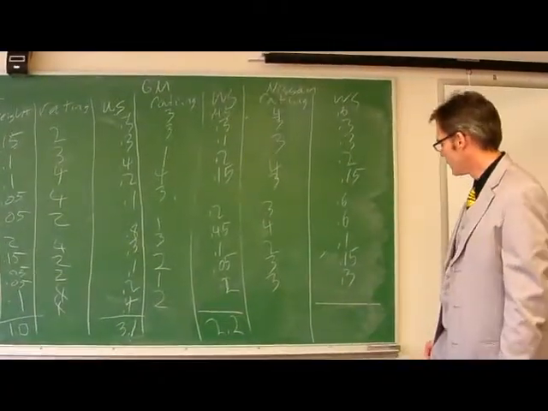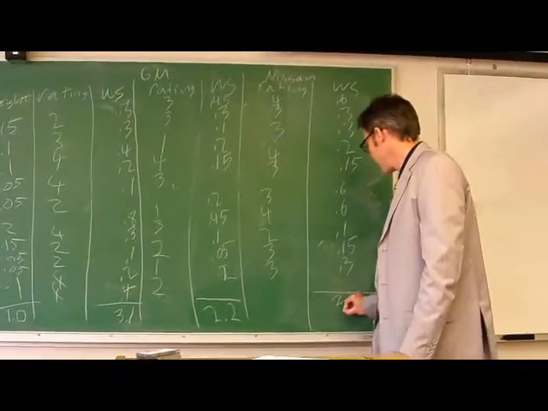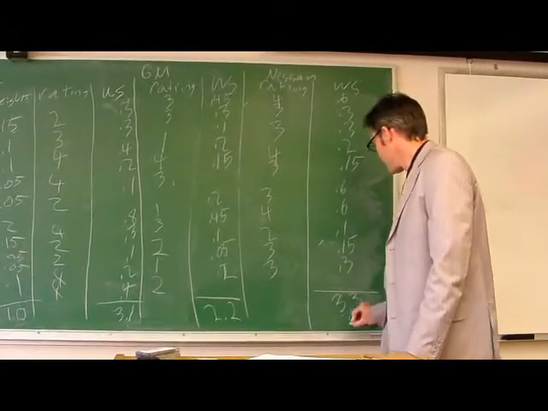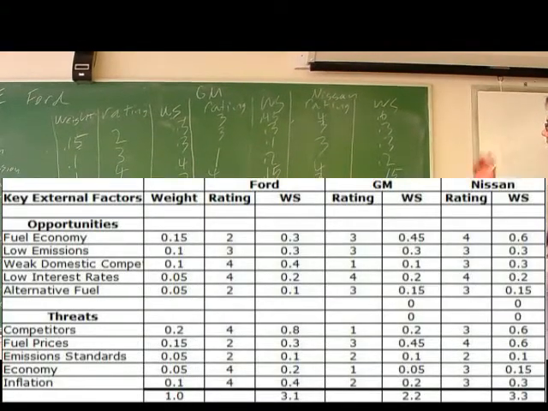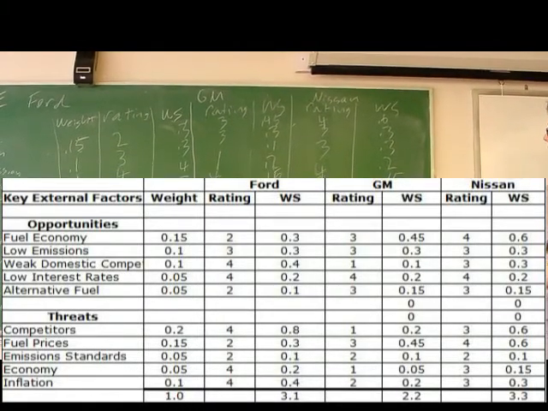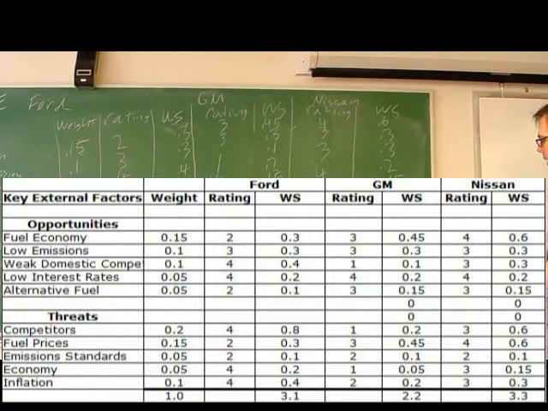So to total this column, we end up with 3.3. And so you see that Nissan's a little bit higher than Ford and a lot higher than GM.